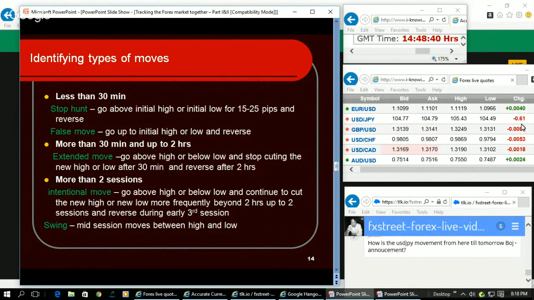You can easily understand whether they are handling the majors or the crosses by looking into the net change level, so that you know that they make contrarian moves by showing positive net change in euro, negative net change in JPY, because euro is showing the USD weakening move, GBP is showing USD gaining move, and that is a contrarian move.